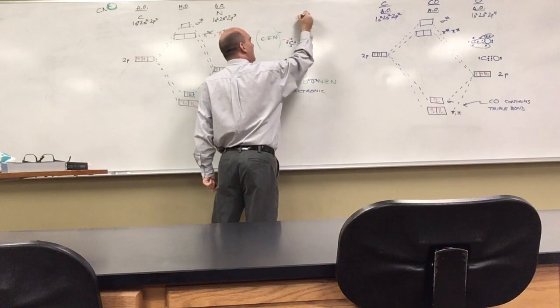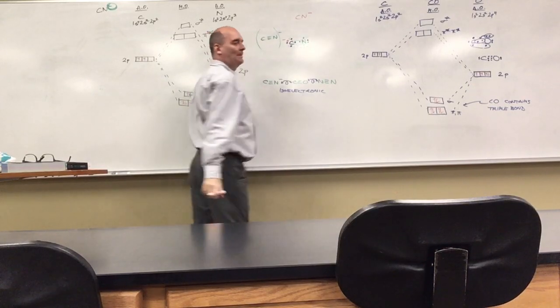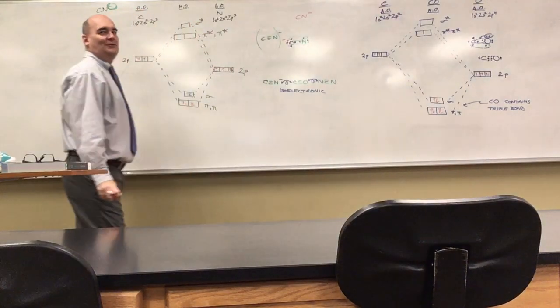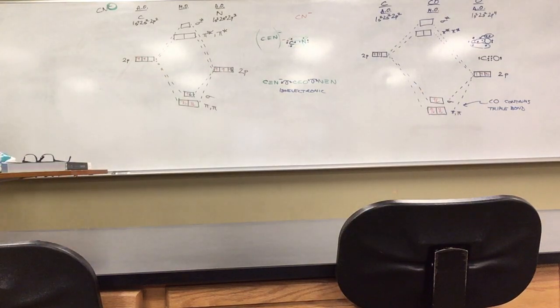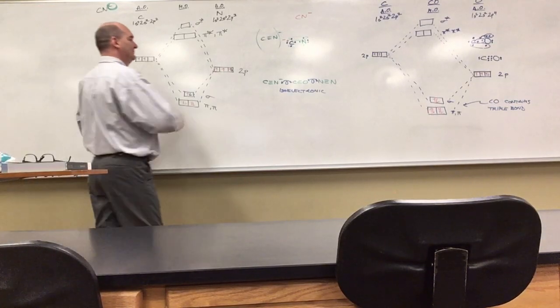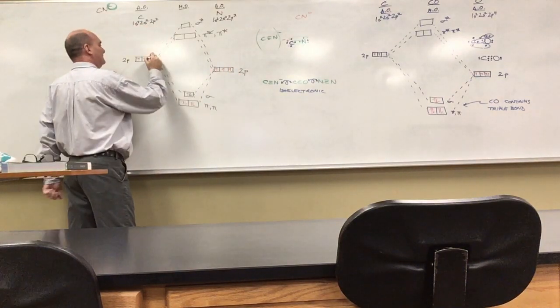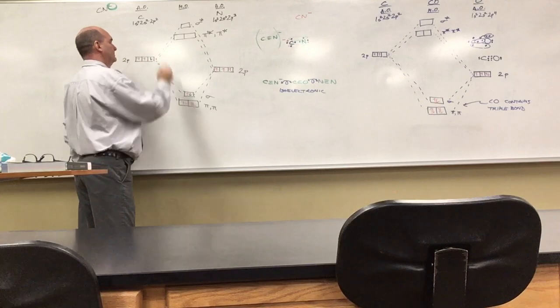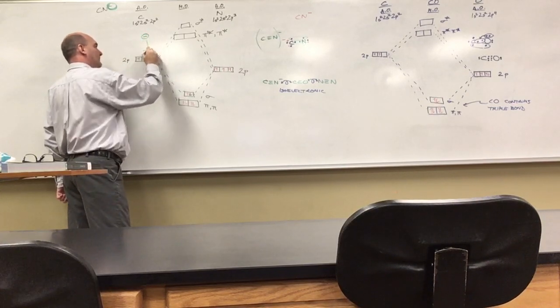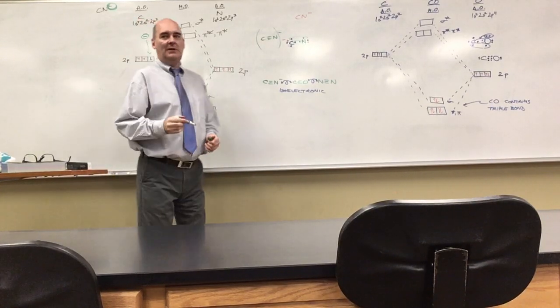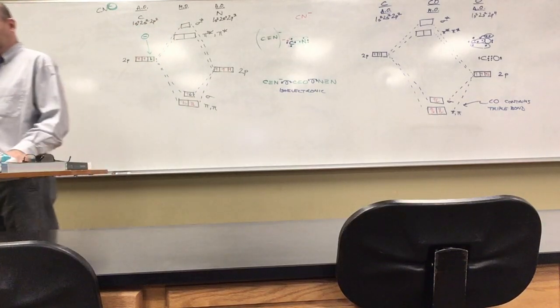But because we write CN minus, the knee-jerk reaction is, oh, nitrogen's more negative, it should get the electron. There's your extra electron right there.